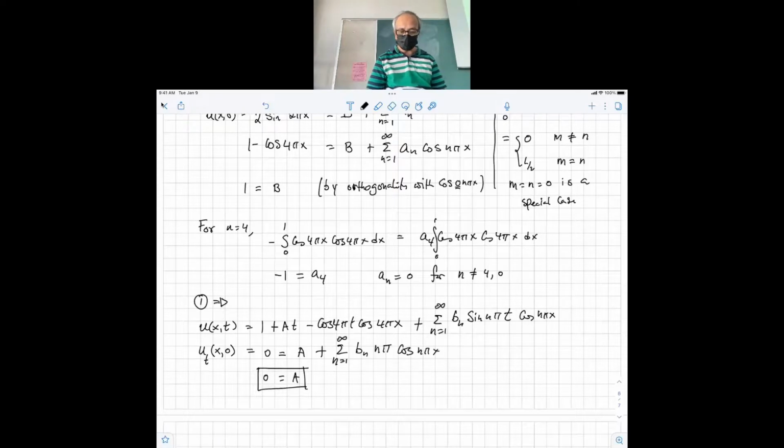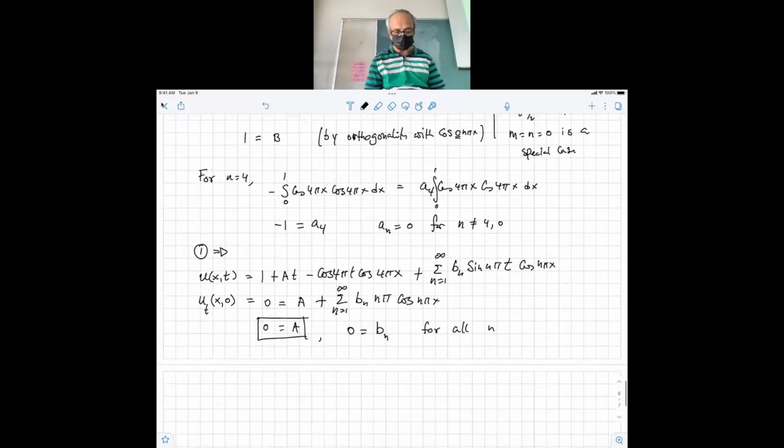Then you compare like terms from left hand side and right hand side, and you see that b_n is 0 for all n, because in the left hand side there is no cosine term. So then maybe this is equation 2.